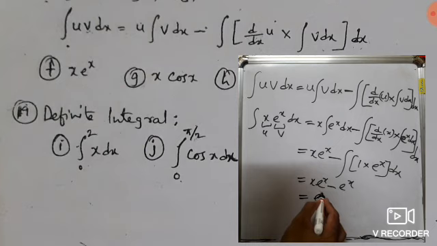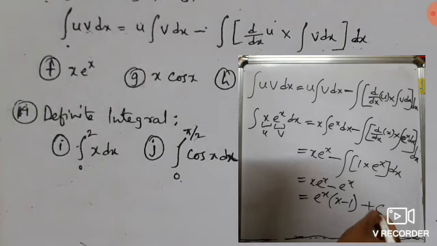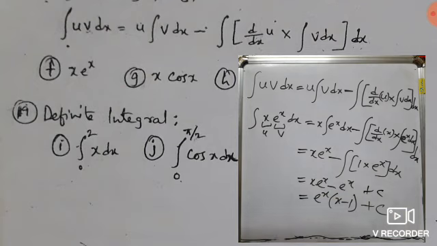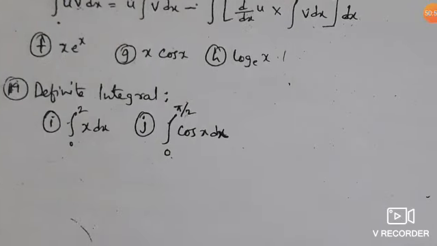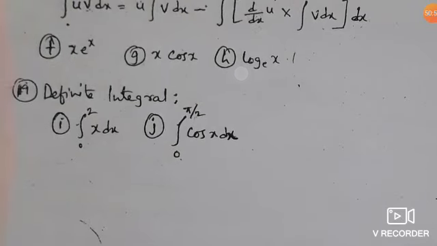So the answer is e^x (x minus 1) plus c, the integration constant. So I have solved f, you should solve g and h.